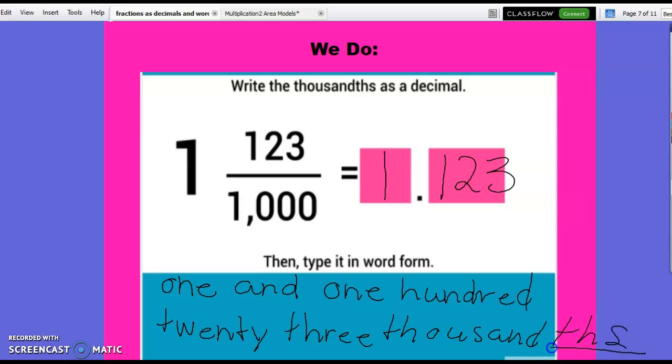They all are reading the exact same way. We're going to practice one more.